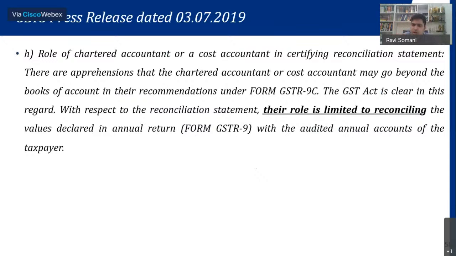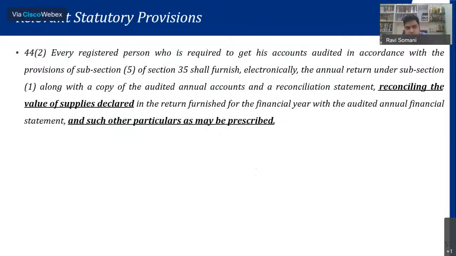Now, coming to the similar other aspects, let us say valuation is incorrect, classification is incorrect, and all those things are incorrect. Government is asking you to give those details also, and that is where I take these words in 44.2, which says, 'and such other particulars as may be prescribed.'